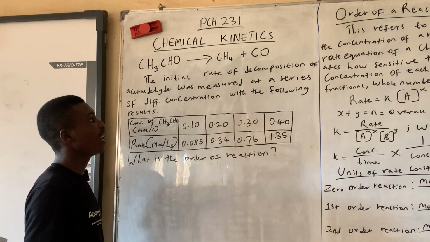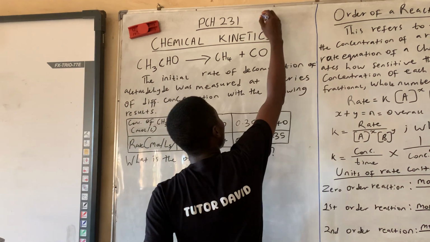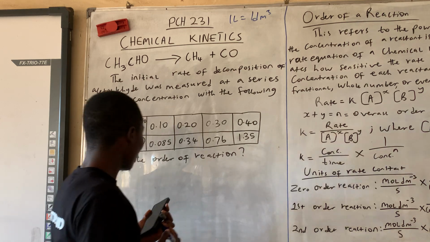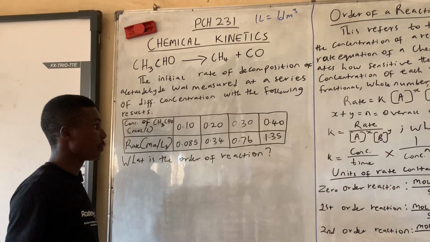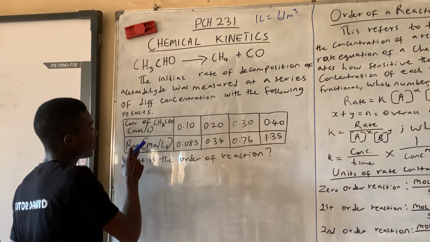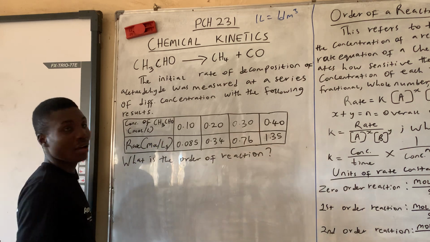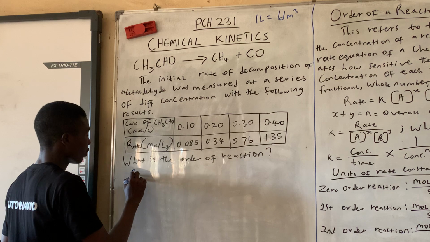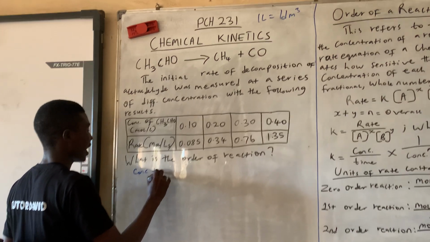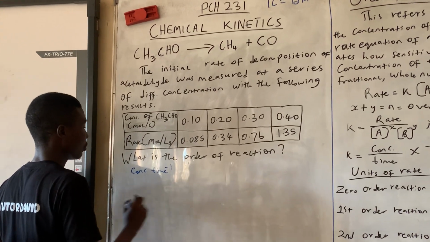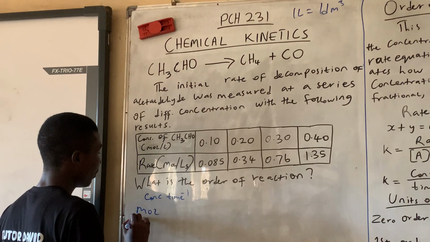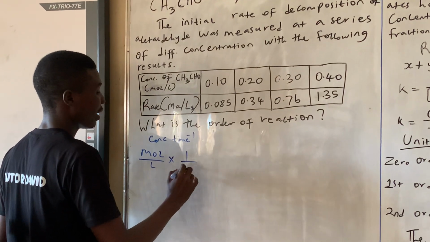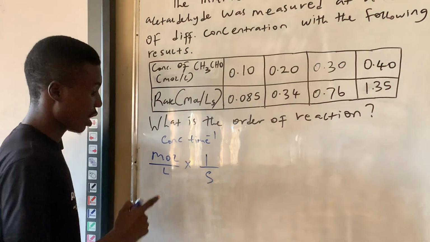So the concentration of the acetaldehyde as ethanol is in mole per liter. Remember, I've told you 1 liter is equal to 1 dm cube. So in mole per liter, we say mole per dm cube. And the rate is mole per liter per second. Remember we said rate is concentration per time. So if concentration is mole per liter times 1 over time, let's assume time is in seconds, are we together now?